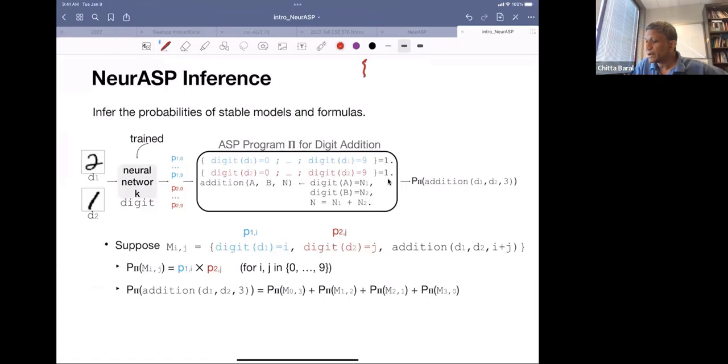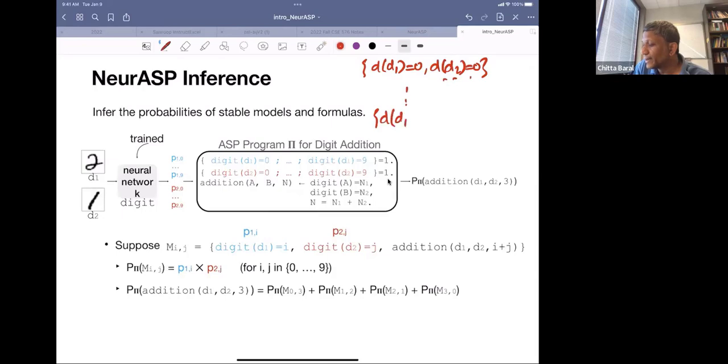In one answer set, I'll just say D instead of writing digit: digit of D1 equal to 0, and digit of D2 equal to 0. And you'll have other things, let's just ignore them, which will basically be the addition part. Addition of this will be 0. So this is one answer set, and there will be 100 such answer sets.